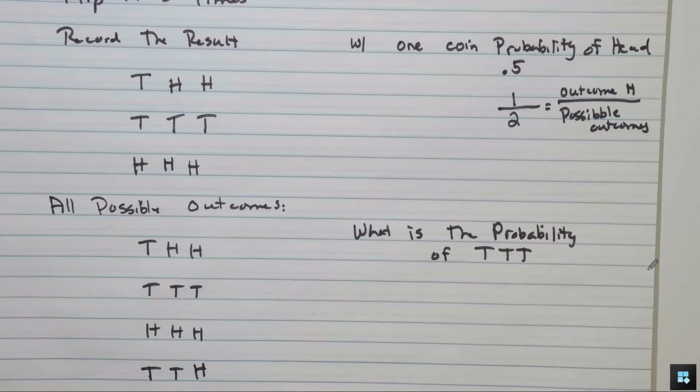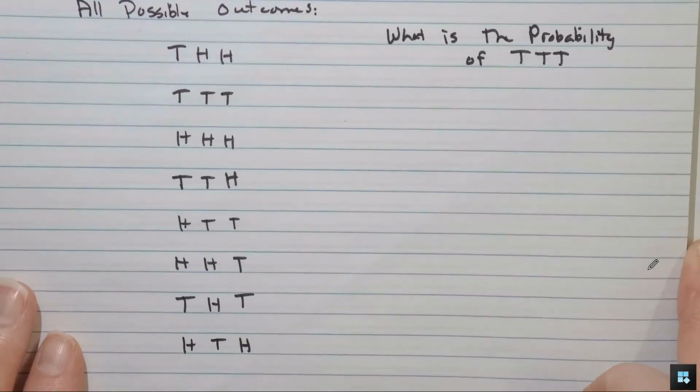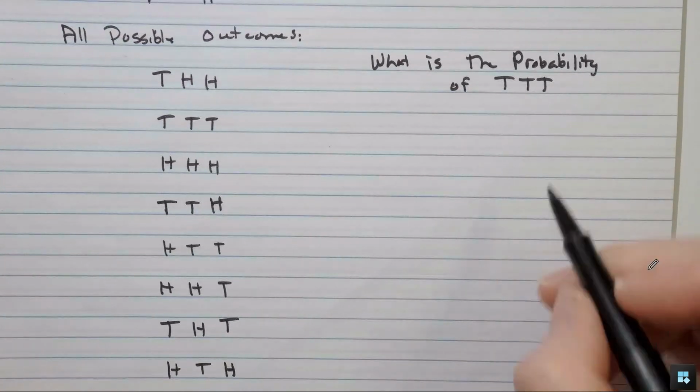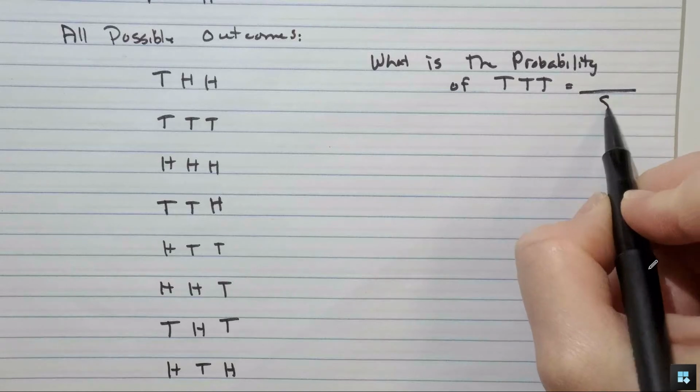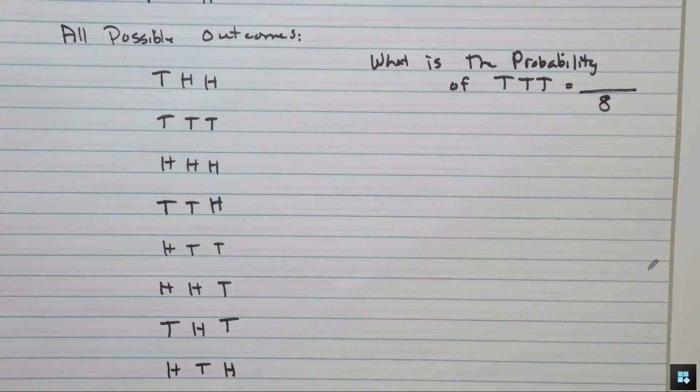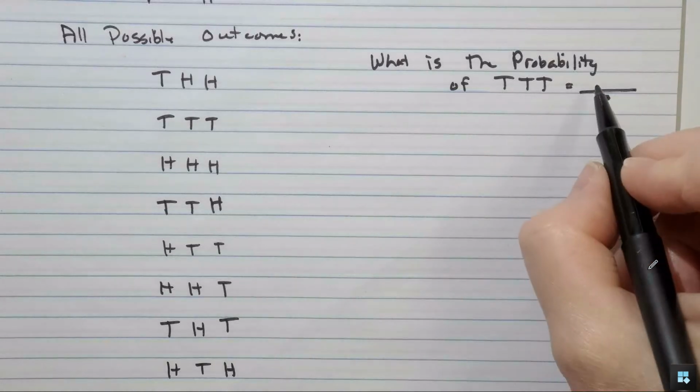So we listed all the possible outcomes. There were 8 possible outcomes, and of those 8 possible outcomes, only one was tails, tails, tails.